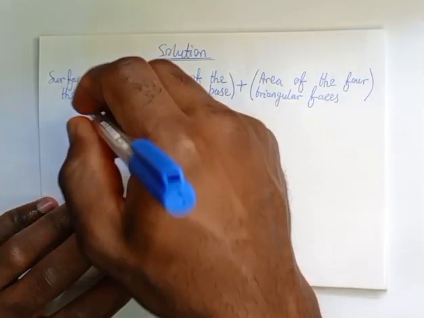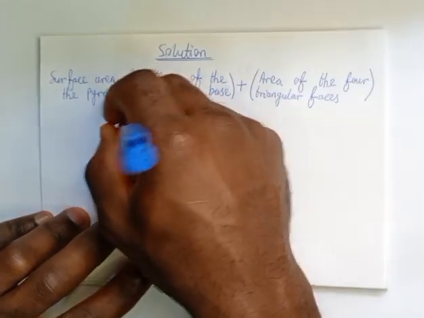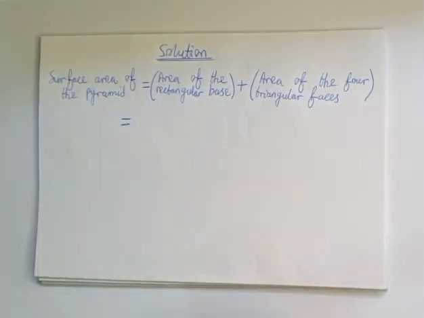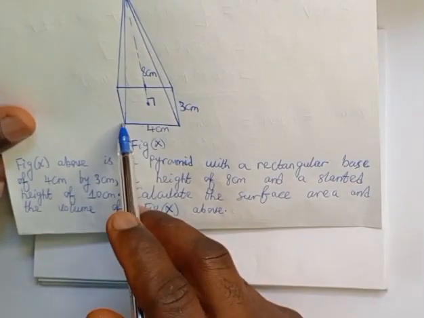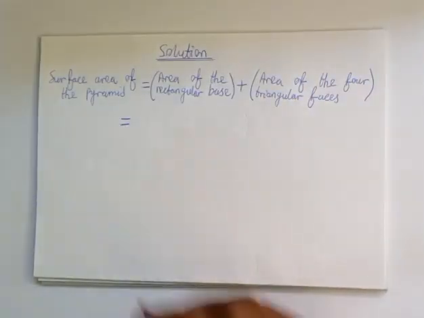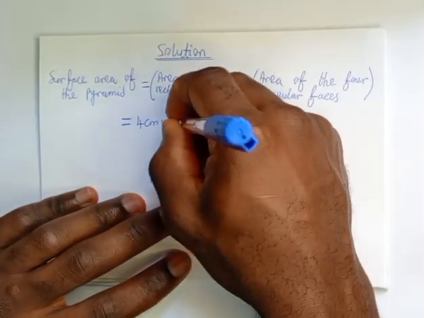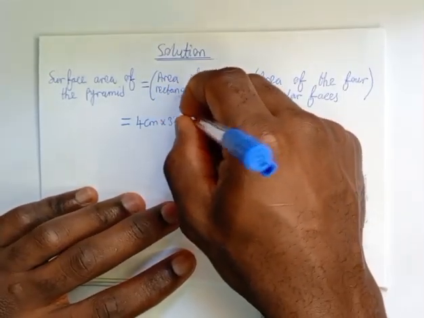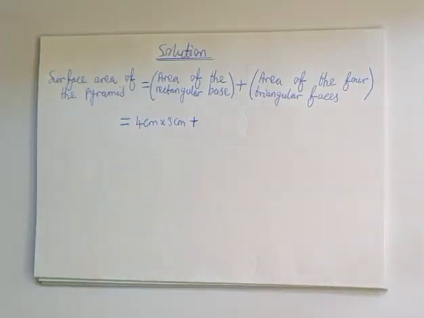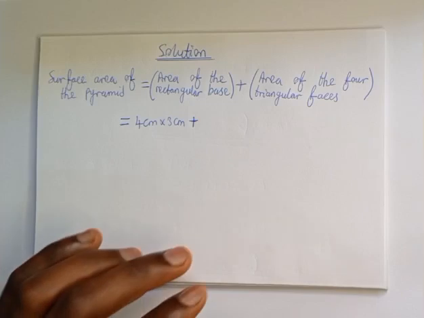This will simply be equal to the area of the rectangular base, which is given by the length times the width, that is 4 centimeters times 3 centimeters, plus we need the area of the 4 triangular faces. Remember, any two opposite triangular faces are equal.